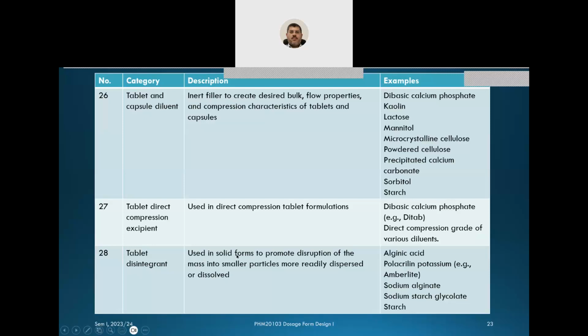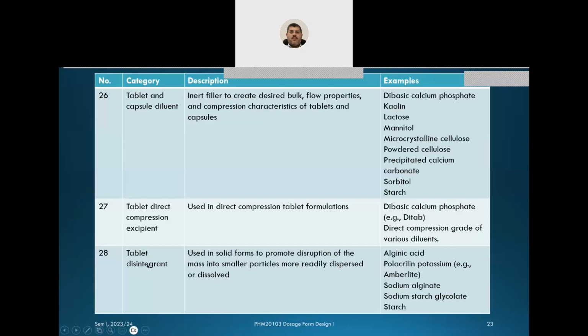So they are used in solid forms to promote disruption of the mass into smaller particles, more readily dispersed or dissolved. So it will cause rapid dissolution of the drug once it comes into the GIT.